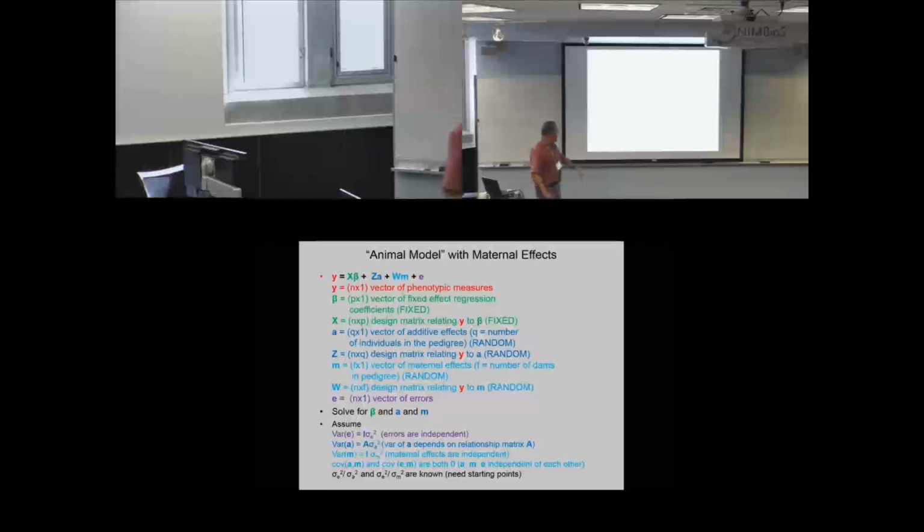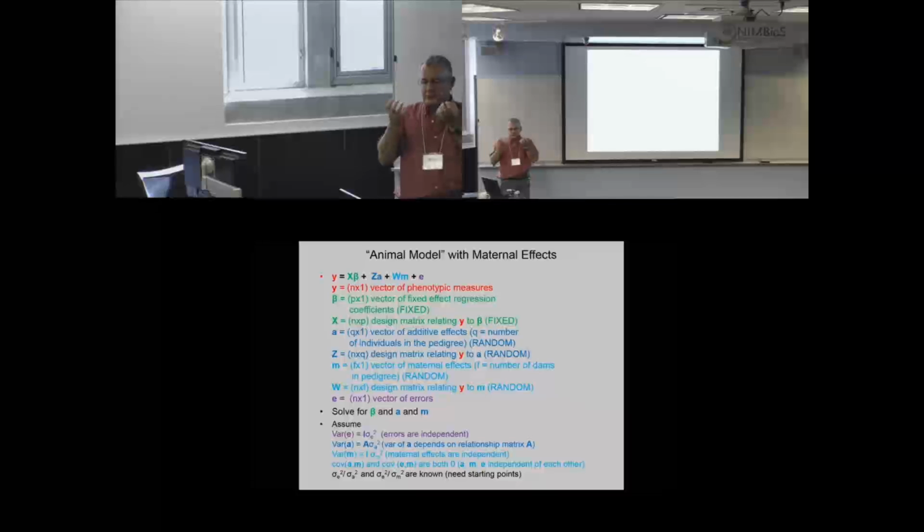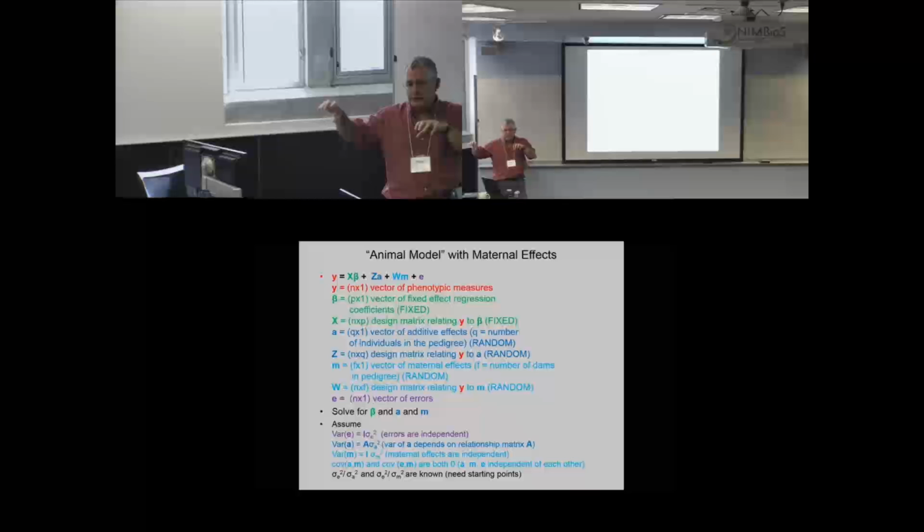All you do under those circumstances, instead of the variance of M being the identity matrix times sigma squared M, it becomes A times sigma squared M. So in other words, if you have that kind of maternal genetic effect, two mothers who are sisters are going to cause the effect that they have on their offspring through that maternal genetic effect to be more similar to each other than two mothers who are not related to each other.